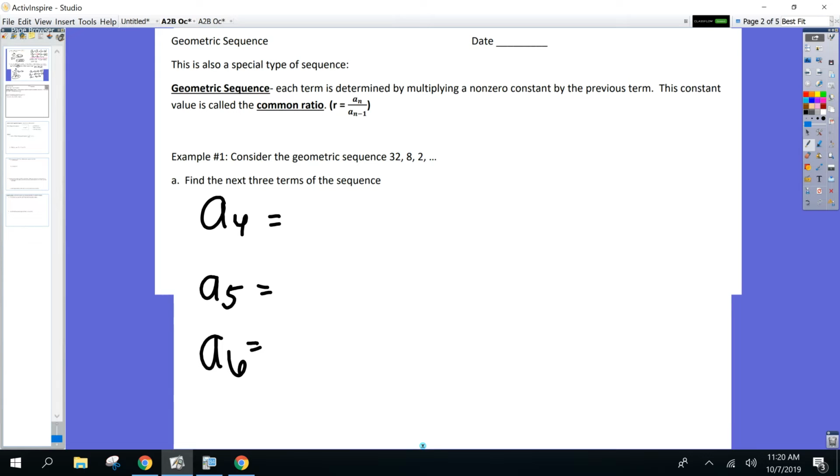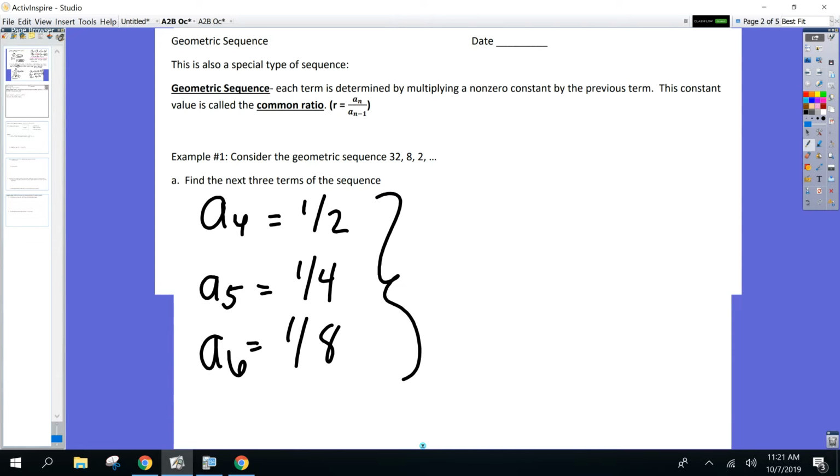What'd you guys find the next term? Fourth term is what? 1/2. Fifth term? 1/4. And how about the sixth term? 1/8. All right. What was the pattern?